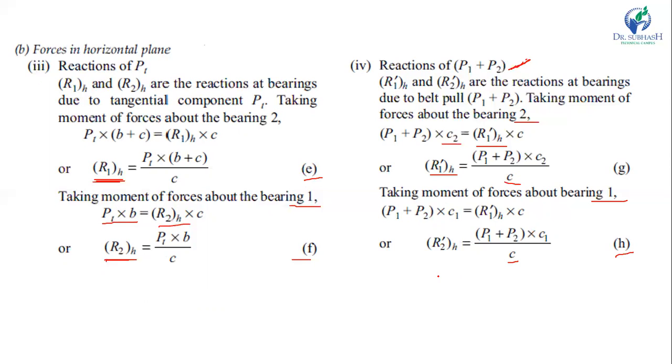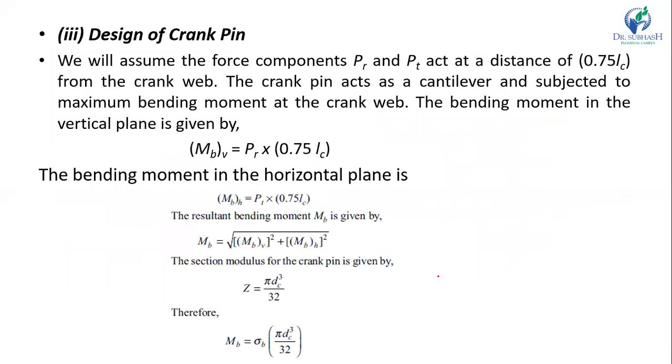Now, in the next step, let us find the design of the crank pin. We have already discussed in our previous lecture that the load on the crank pin acts at a distance of 0.75 LC from the crank web.